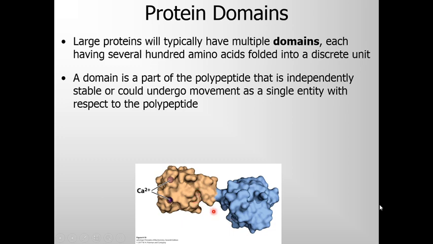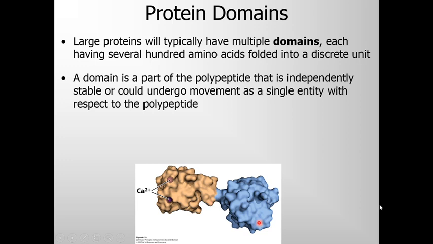Now, different domains often have different or distinct functions, such as this domain may interact with small molecules like calcium in this case, and this domain may not necessarily have binding with calcium or other small molecules.